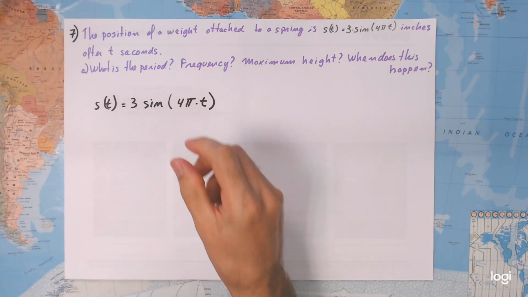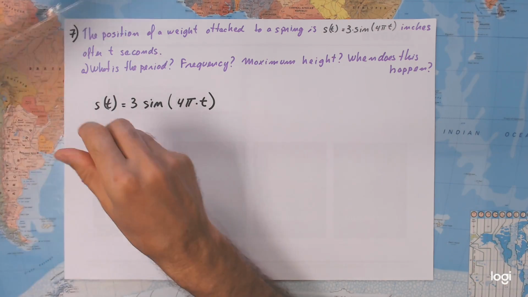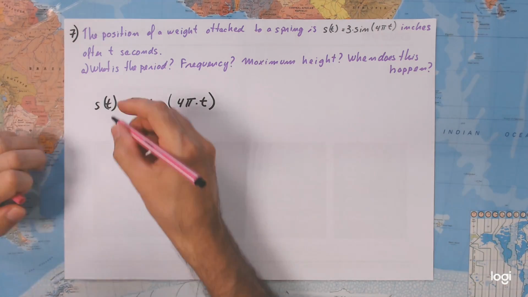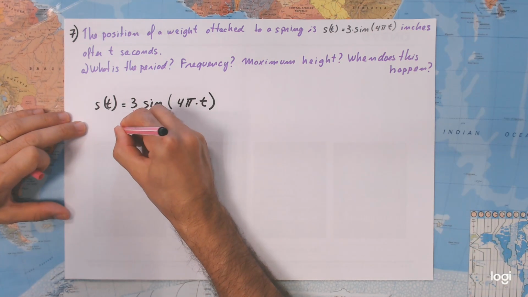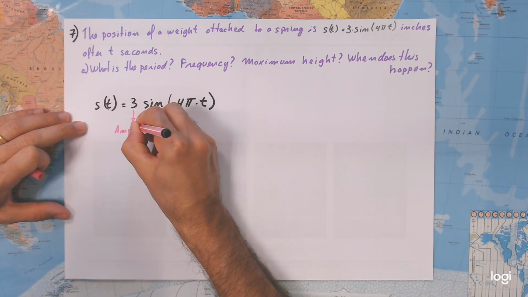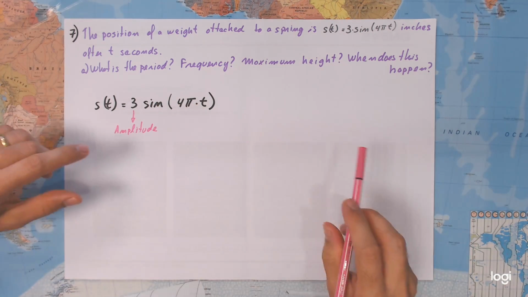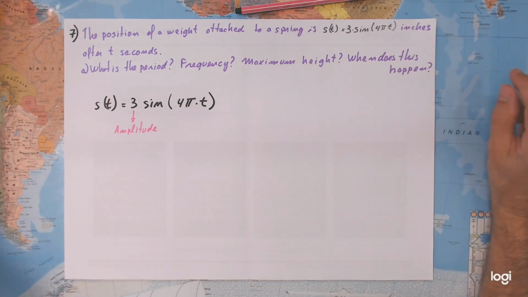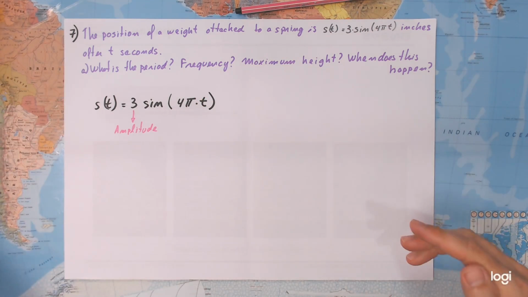Let's review everything. I was using the pink, right? Let's not change colors. This is going to be related to the amplitude. Remember, we have a sine. We are just stretching up, okay?